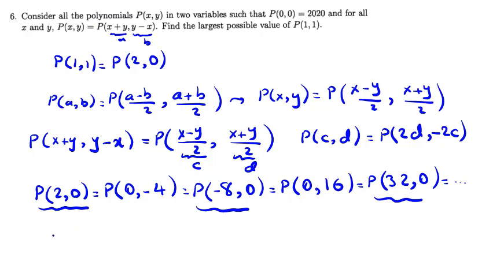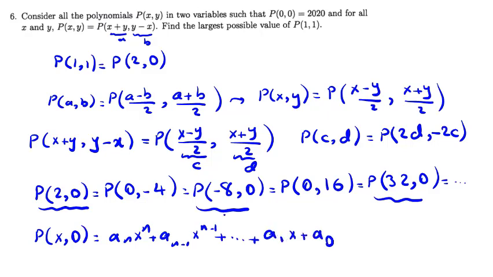And after that, if we consider p(x, 0) in general, it is only in terms of x. So we can write it in sigma, or we can say it is equal to a_n x^n plus a_(n-1) x^(n-1) plus ... plus a_1 x plus a_0. The degree is n. We know that it is 0 for infinitely many numbers like this.